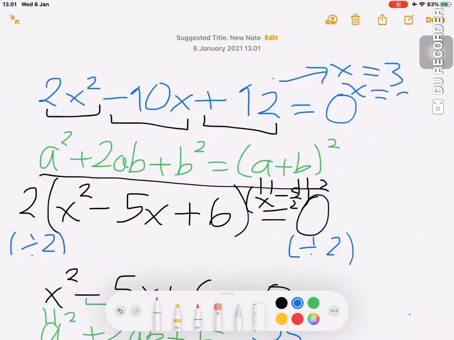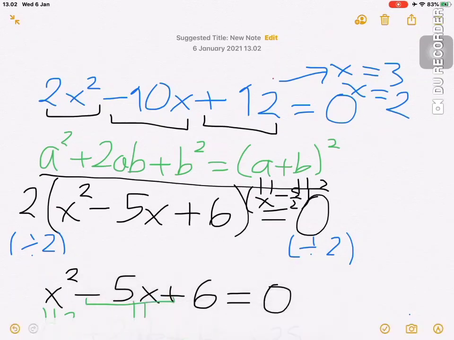And on this side, again, let's add 5 halves to both sides. We get 1 half plus 5 over 2, which is 4 over 2, which is 2. So coming back to our equation, we get this solution.